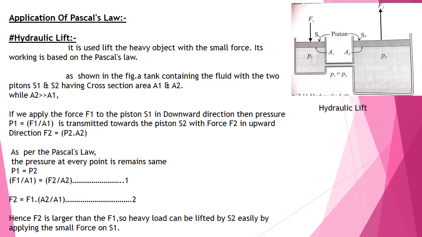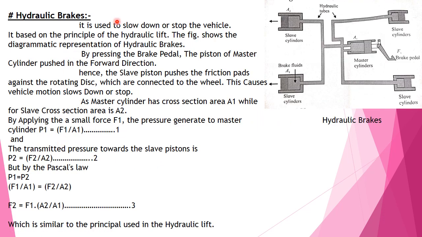Next, hydraulic brakes. This is the second application based on Pascal's law. It is used to slow down or stop vehicles. It is based on the principle of the hydraulic lift. As shown in the figure, the schematic sketch for the hydraulic brakes is given.